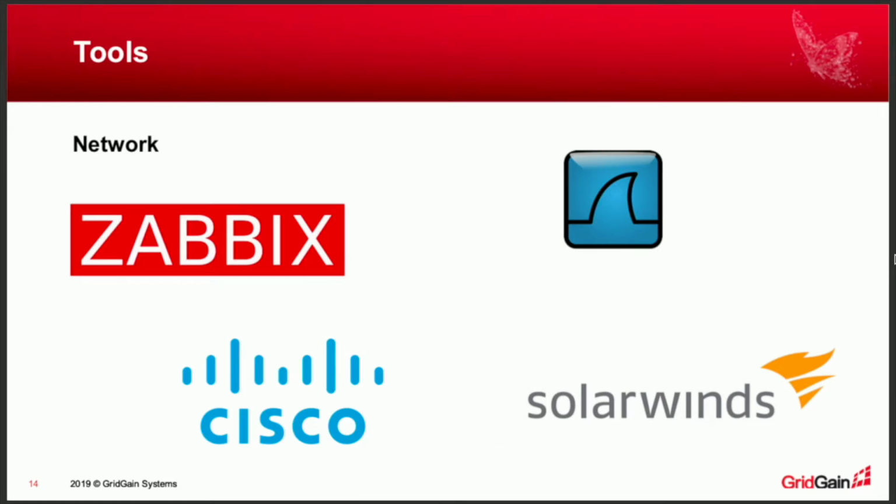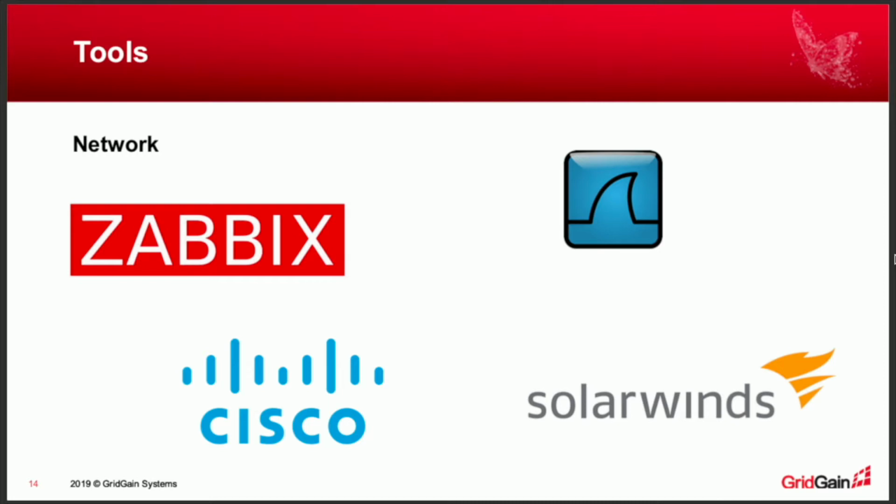For network, there is a special set of tools, and for example, Zabbix can be used to monitor your hardware, network hardware. It can set up a set of agents that will collect your data, and you can configure alerting based on this information.